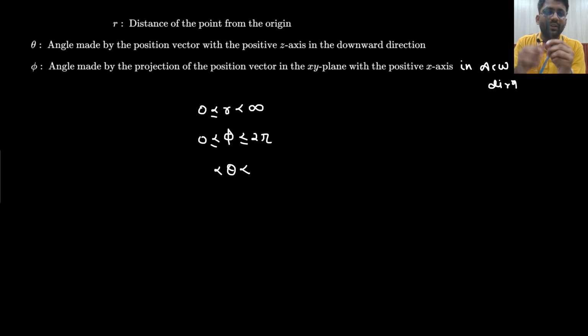Are you able to understand this point? Started from here: 45, 90, 135, 180. Just as I go above 180, people thought it would be 215. But the definition says the angle made with the positive z-axis in the downward direction. Anticlockwise or clockwise, I am not saying; in the downward direction.